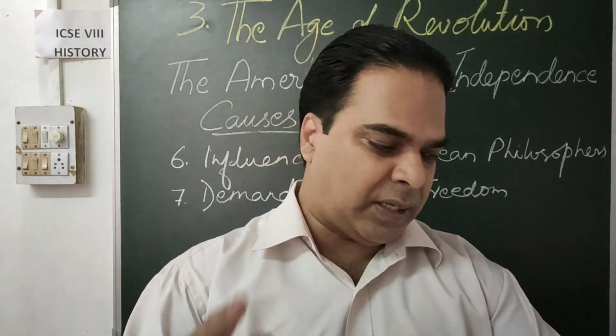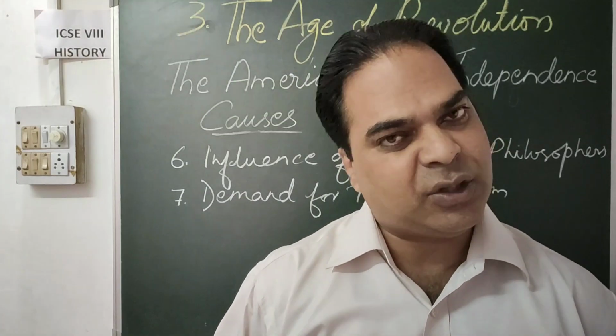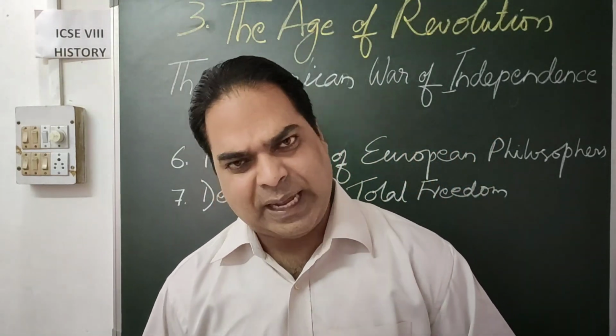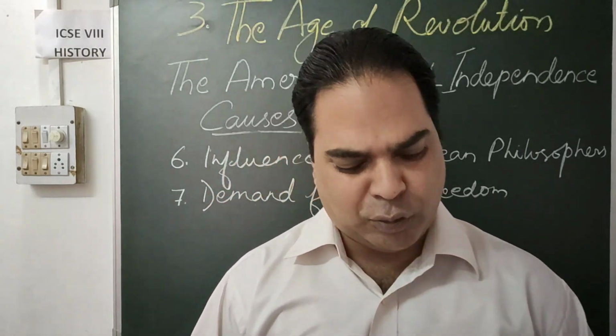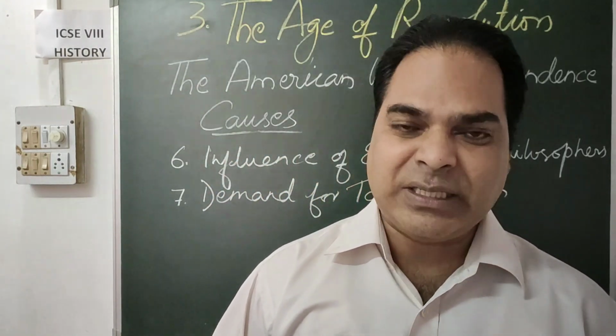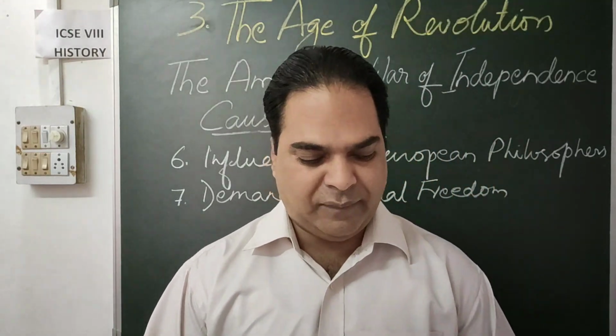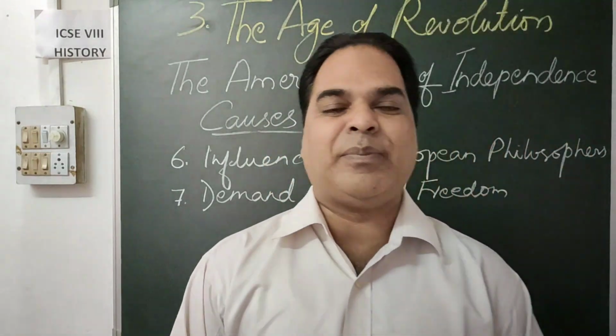This incident was the protest against the new taxes on tea. This was a new tax they had imposed on tea, my dear. So the Boston Tea Party was seen as an act of open defiance of the colonists against the British authorities.